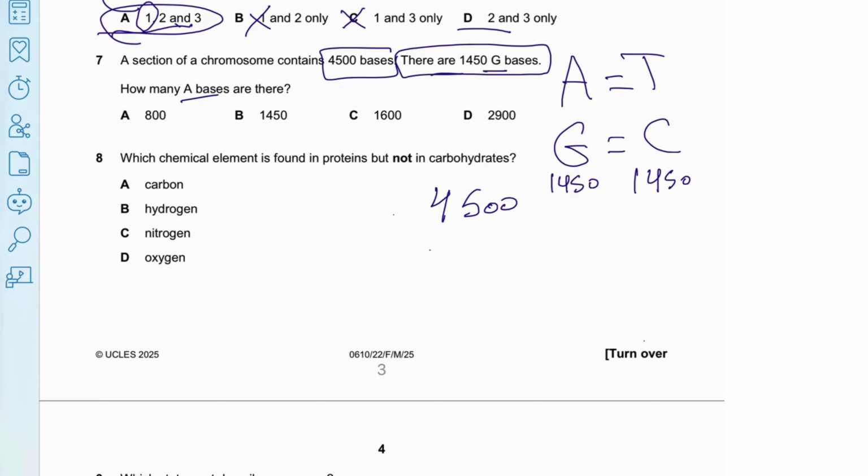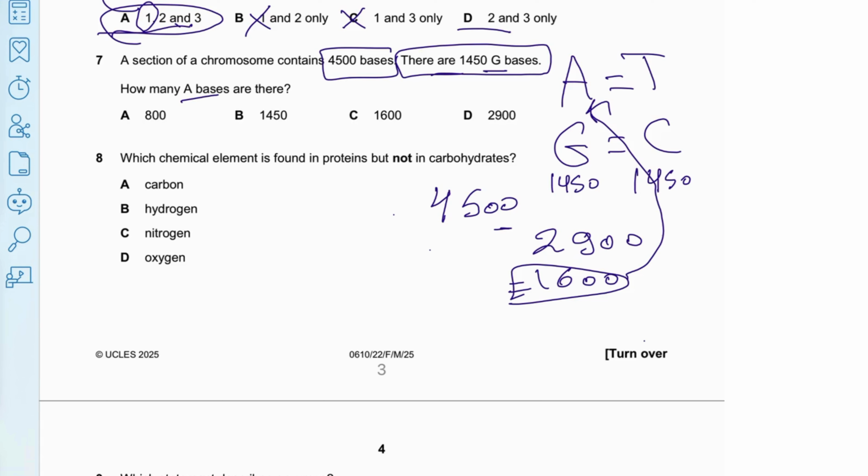So 1,450 plus 1,450 equals 2,900. Subtract this from 4,500. How much is left? 1,600. So 1,600 is for both A and T.